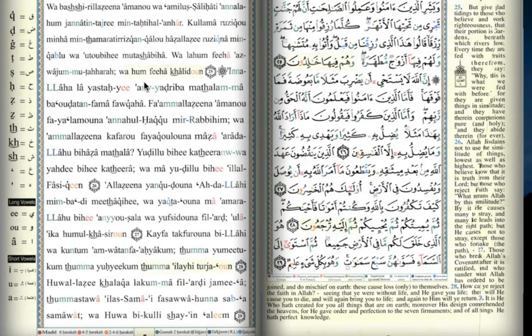As in this one, it's green: yadribu mathalan ma ba'udah. Okay? See, 2 counts. Now, the only times you're not going to have ghunnah is when this happens to a ra or a lam.